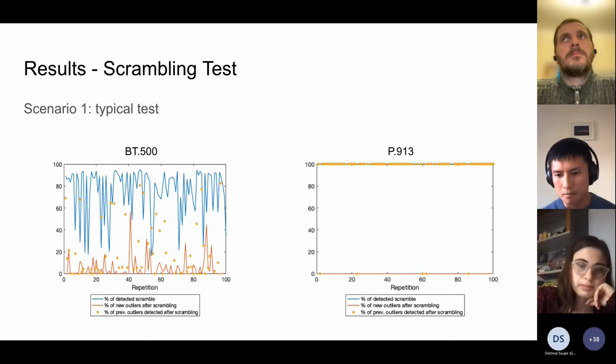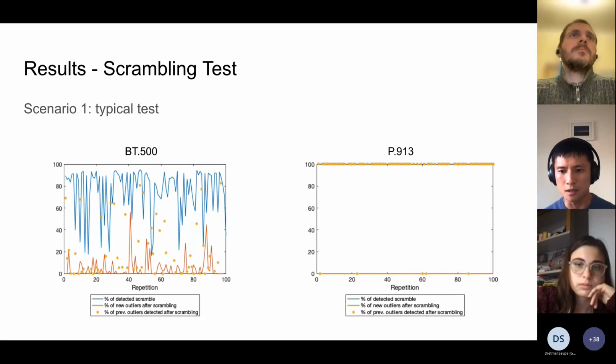One more aspect I would want to say is that we did a fairly thorough comparison of MLE versus BT500 and P930, but we didn't try to change the threshold of BT500 or P913. We ran a comparison on our crowdsourcing data sets, and we have seen a big benefit of using MLE to analyze crowdsourcing data sets.